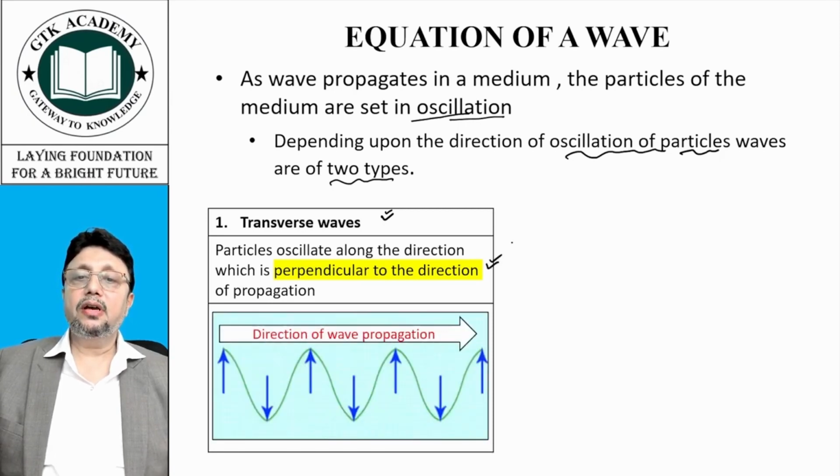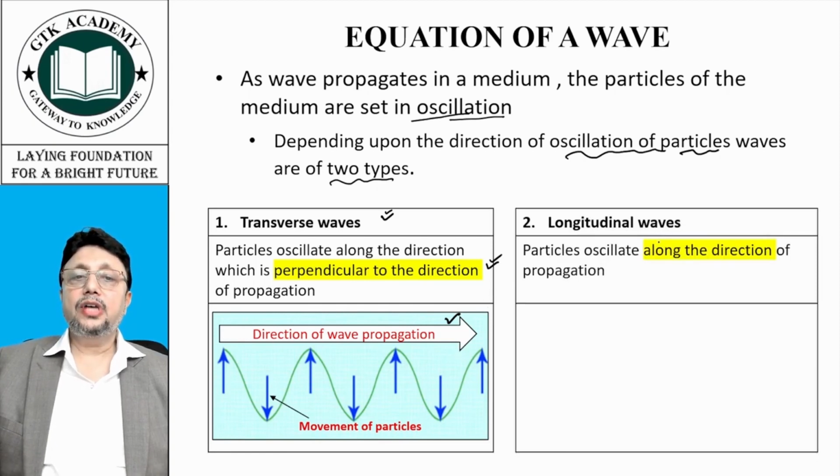Suppose the wave is propagating in this direction, the particles are oscillating in their position in such a way that their oscillation is perpendicular to the direction of propagation. You can see here, these are the movement of particles just shown by some arrows.